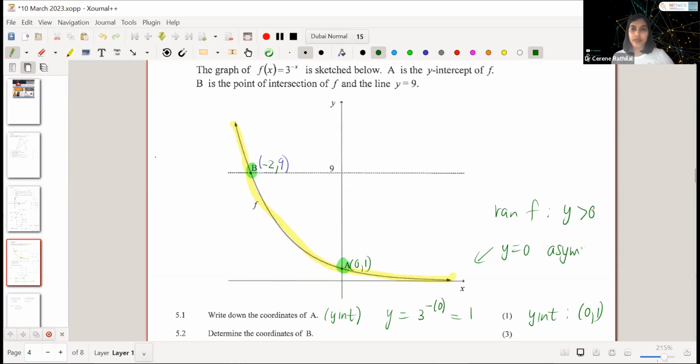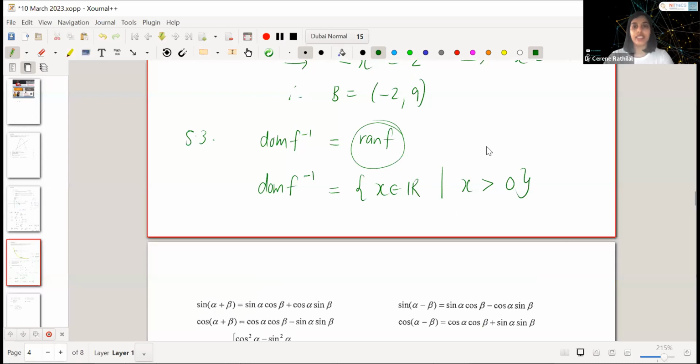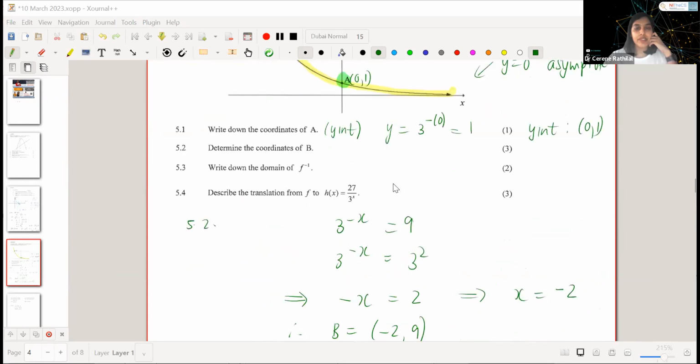Since it was only considering positive values, the domain of f inverse will only work with the positive values, and hence it will take all x greater than 0. Are we all clear on this one? All right, let's look at the next bit of the question.